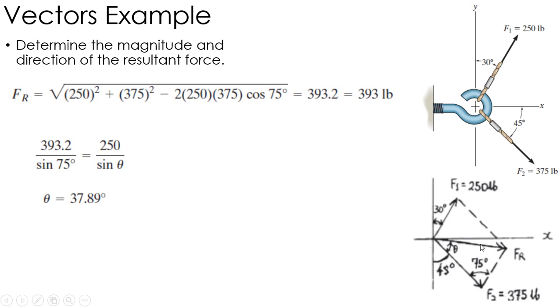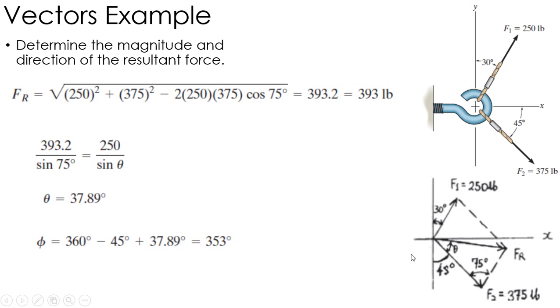Now, to put this relative to the x-axis, I can use this 45-degree angle to find that from here to here is going to be 45 plus 37.89, and then back out that angle. They're doing this from the positive x-axis, so it's this whole angle right here.